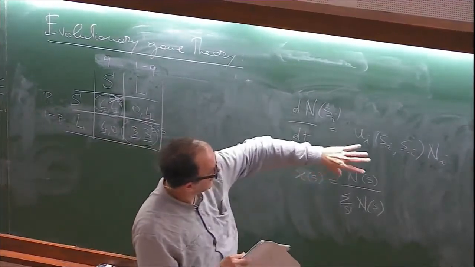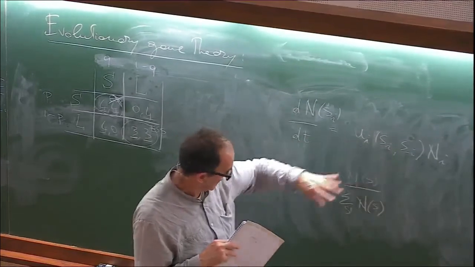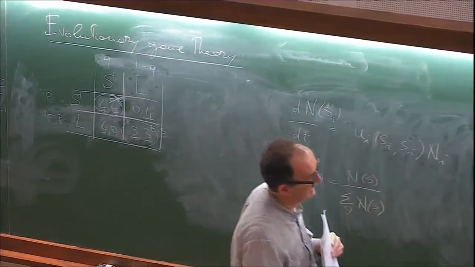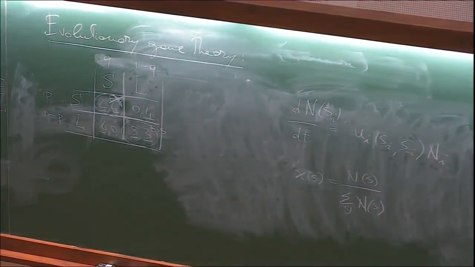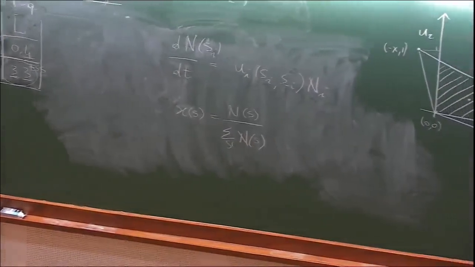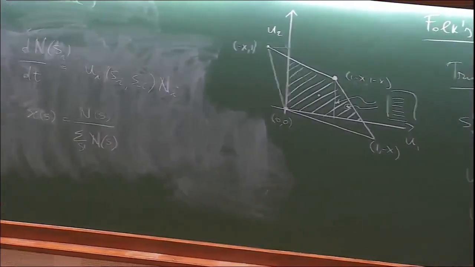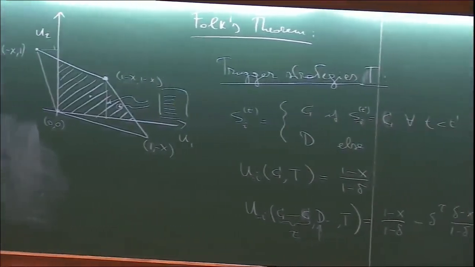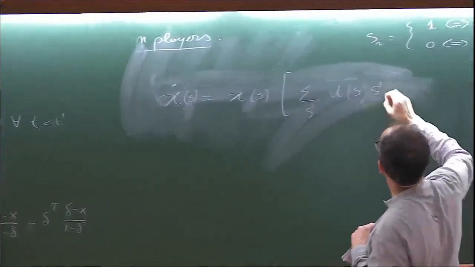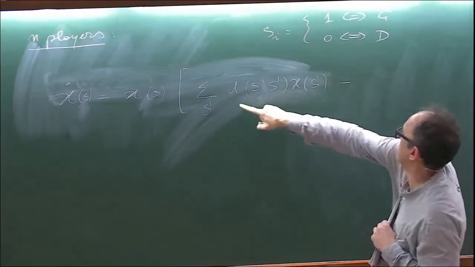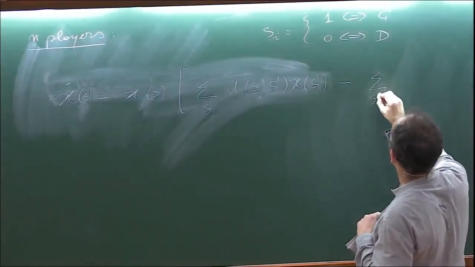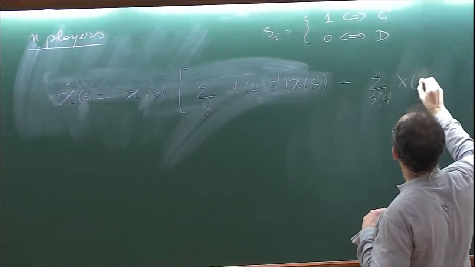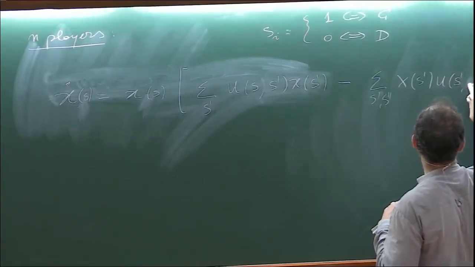In the simplest case, where the fitness is just proportional to the utility, this replicator dynamics takes a very simple form, which is that the rate of change of x of strategy S is equal to x of strategy S times the expected value of the payoff against other strategies which are played in the population, minus the expected value of the average payoff in the population.